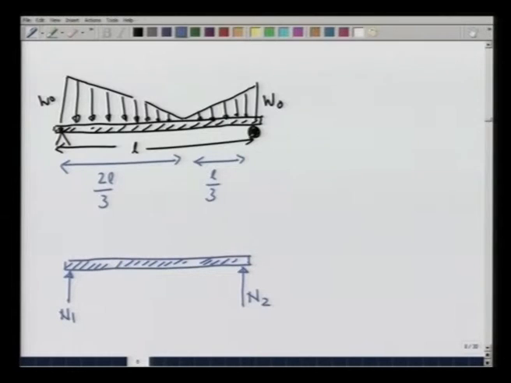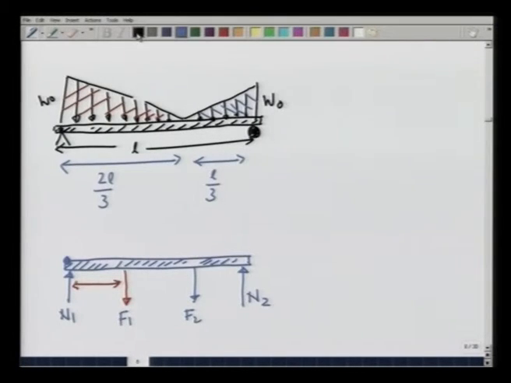The forces due to the loading, I will split them into two, one due to this triangle to the left and one due to this triangle to the right. I will take the triangle on the left acting like this at a distance which we are to calculate, and similarly the triangle to the right also applies a load. Let us call this F 1 and F 2 at a distance from this point.